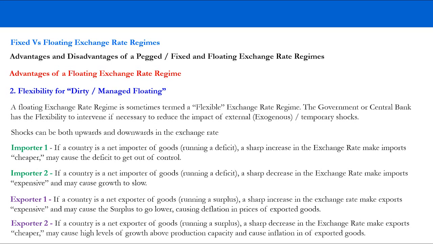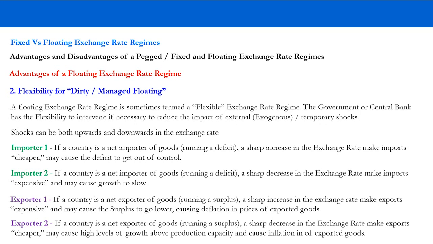You don't have a rule book or a set of rules that you have to stick to as a government or central bank, i.e. central authority, with your exchange rate regime. So you actually have the flexibility to intervene whenever you want and not stick to a certain set of guidelines or rules as set out by the fixed regime.